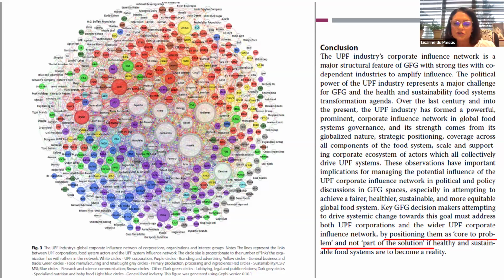And they need to show that these companies and their allies should be positioned as core to the problem and not part of the solution, as they are currently positioning themselves.